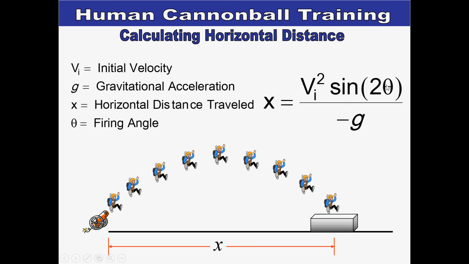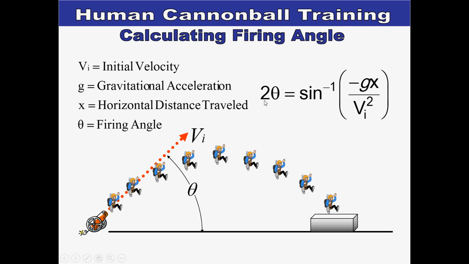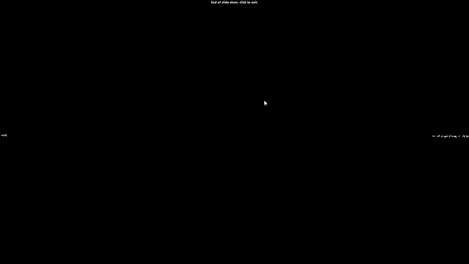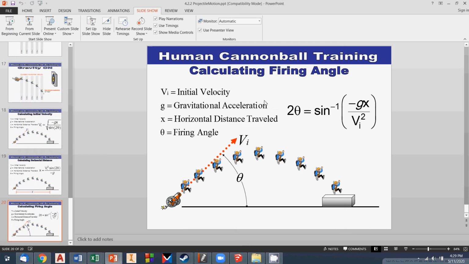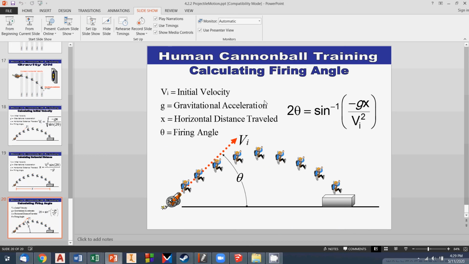So what can I multiply by 2 to get 90 degrees? 45. So 2 times 45 gives me 90. That would be the sine of 90 degrees, and that gives us the maximum value for X. So firing at 45 degrees will give us the greatest distance. All right. So that's how we calculate how far something's going to travel based off of the trajectory equation.